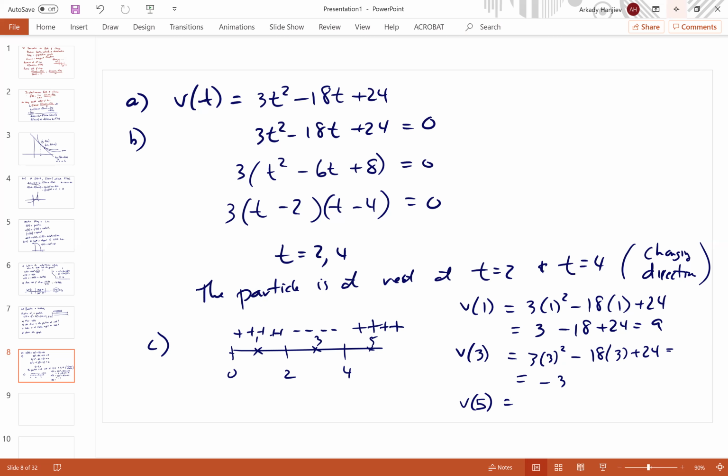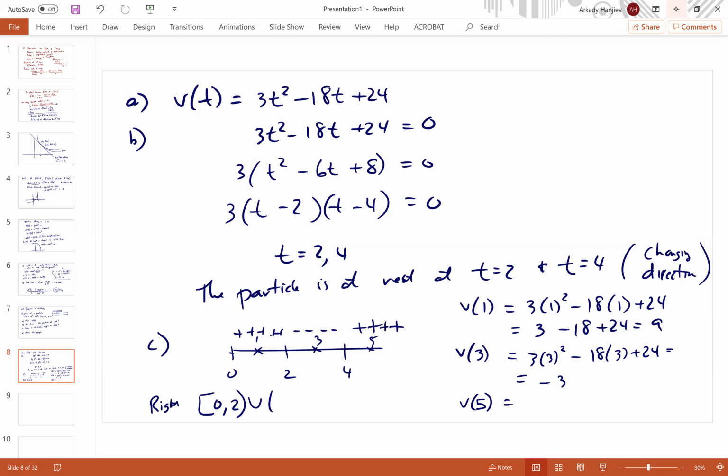So for C, I think we got that little piece now. It is moving to the right starting at 0, so I should put a bracket here: 0 to 2. Whenever we talk about the endpoint, we don't ever include the endpoint because at the endpoint it's at rest, changing direction at that point.